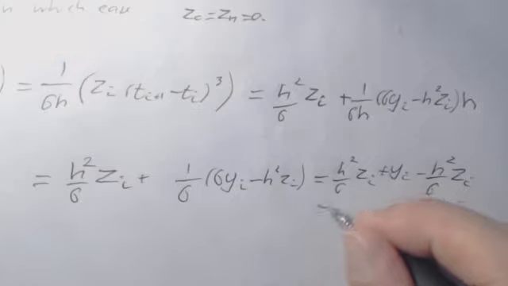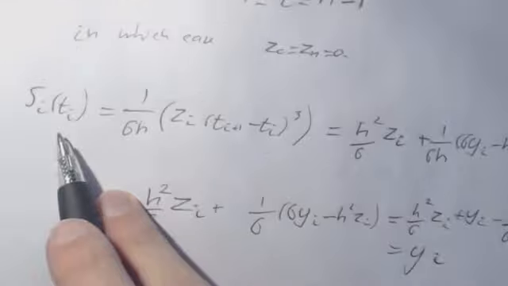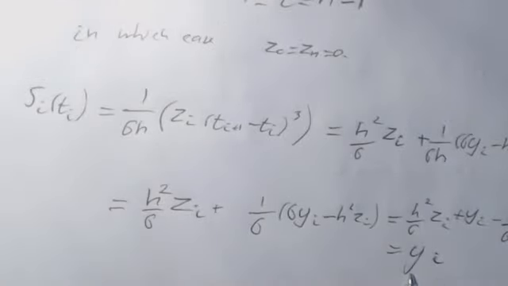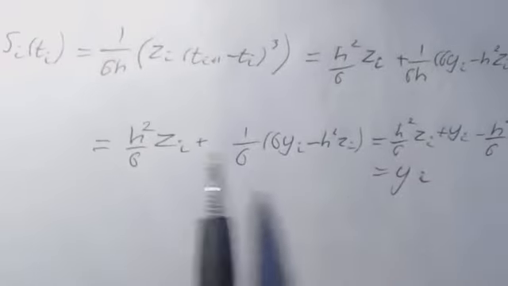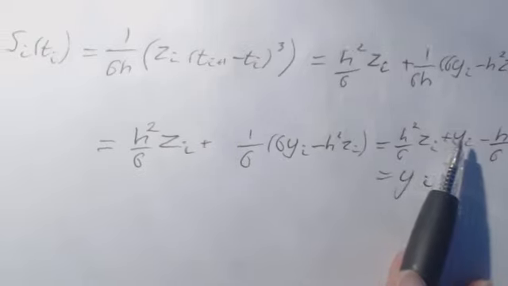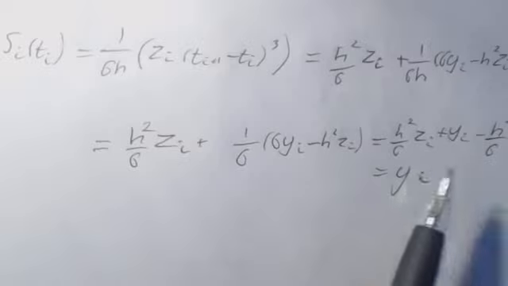So this is equal to yi. So indeed, Si evaluated at Ti is yi. Cool. So I didn't at all have to use the simultaneous equations that the Zi satisfy here.